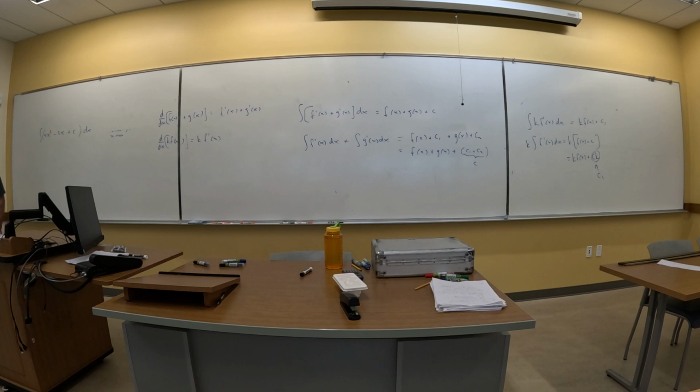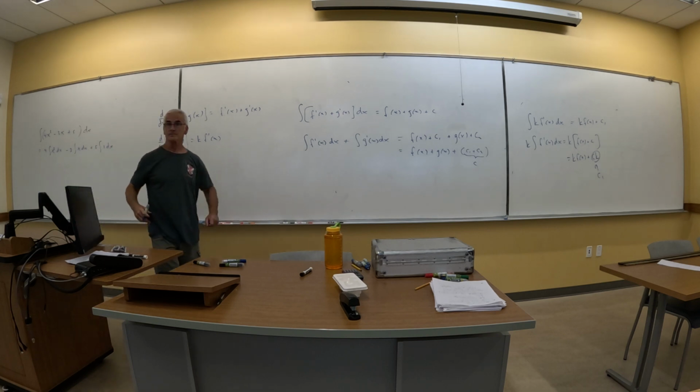Now, according to what we just did, the integral of the sum is the sum of the integrals, and the integral of a scalar multiple is the scalar multiple of the integrals. So technically, we could break this all the way down. Do you agree that that is true?